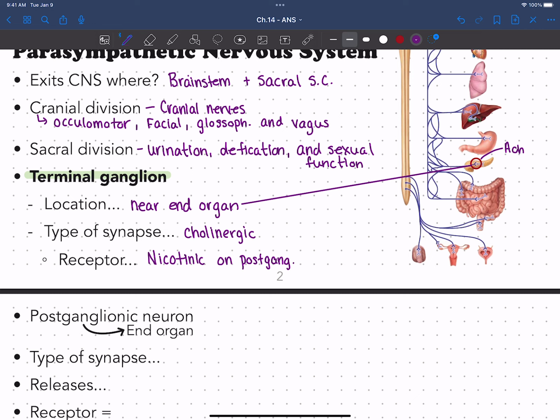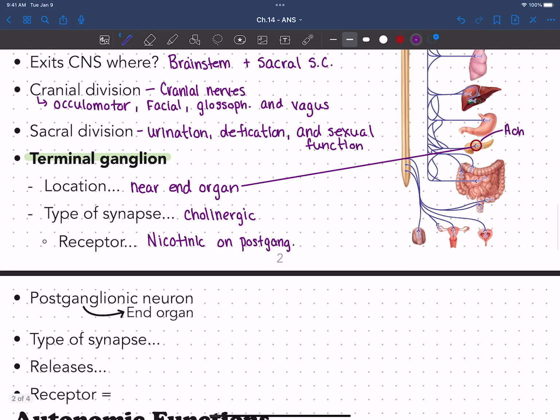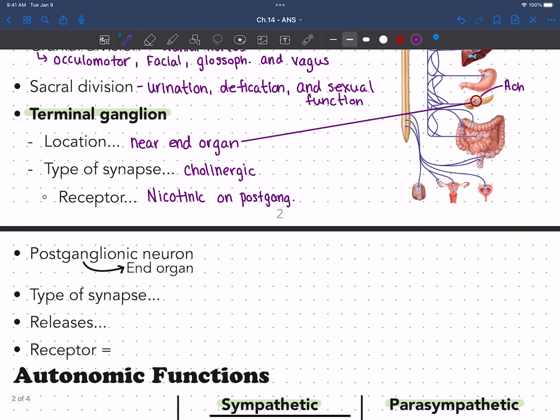Okay, and so then we also need to look at the synapse between that postganglionic neuron and the end organ that it is communicating with. And so that is also a cholinergic synapse, meaning that postganglionic neuron is going to be releasing acetylcholine onto the end organ.